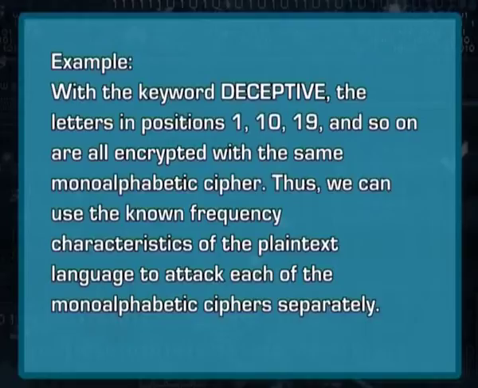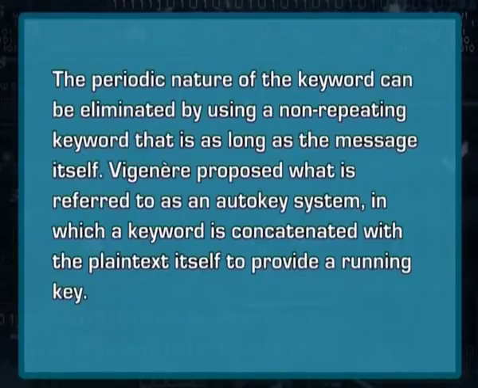Thus, we can use the known frequency characteristics of the plain text language to attack each of the monoalphabetic ciphers separately. The periodic nature of the keyword can be eliminated by using a non-repeating keyword that is as long as the message itself.